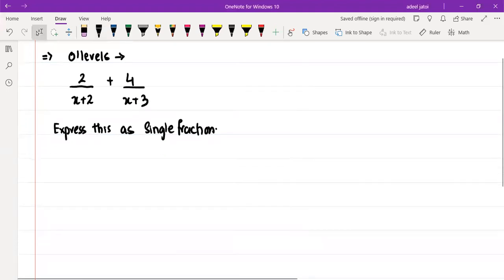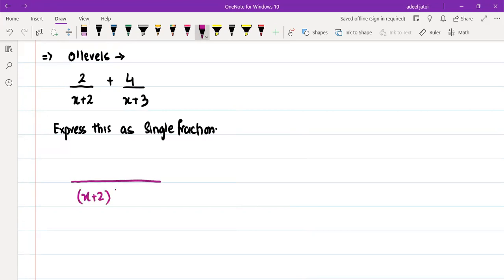So what you used to do was you used to take LCM of both expressions, which means x plus 2, and we used to have x plus 3. And what do we repeat? We used to do 2 multiplied by x plus 3, and 4 should be multiplied with what? X plus 2. Obviously, the LCM can be cross multiplied.